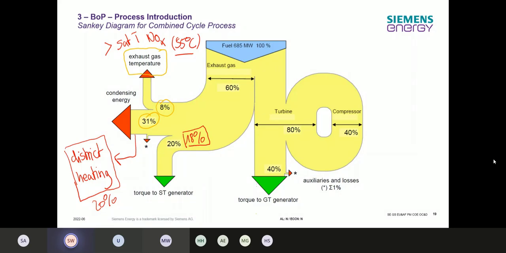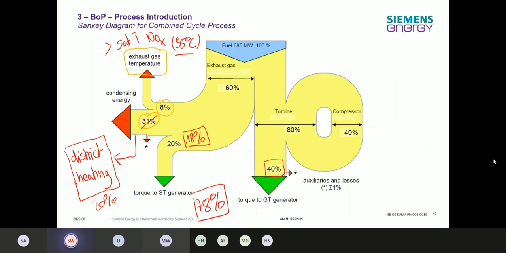When we take it together, we have 40% over here, we have 18%, we have 20, so it's 58, it's 78% overall efficiency, and we're reducing this one, 86, probably to 14%.